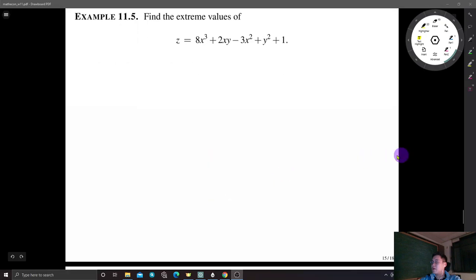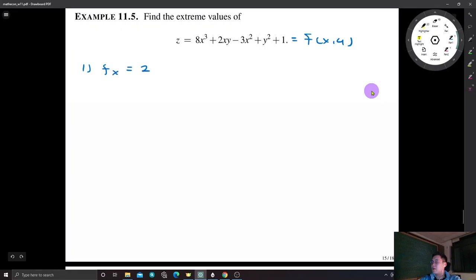So let me start with this example. Find all extreme values of this function. Once again, the first step is we start with the first order partial derivatives. Call this function f of x and y. What is f sub x?